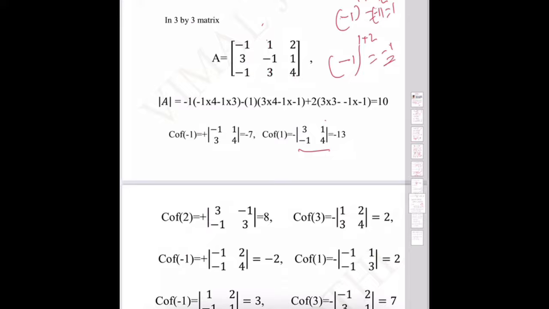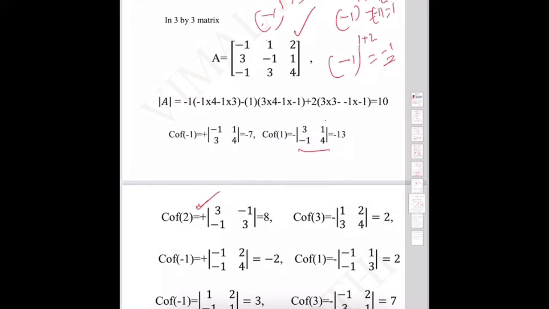The next, cofactor of 2. Cofactor of 2 is equal to, the sign is plus, first row, third element, that is minus 1 to the power of 1 plus 3, that is 4, minus 1 raised to 4, that is plus.